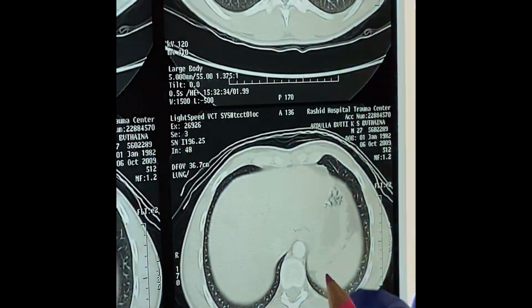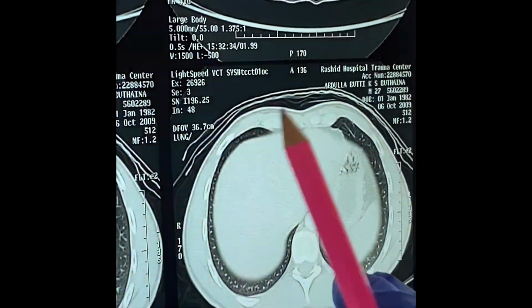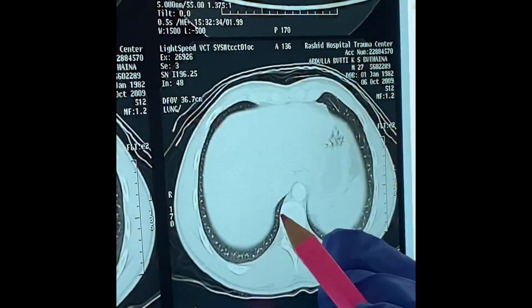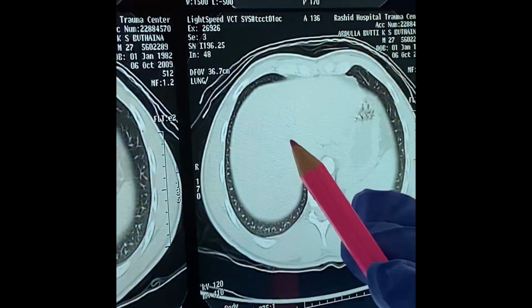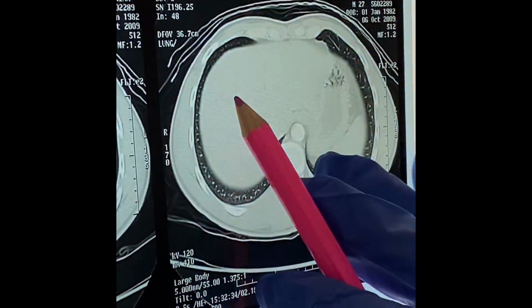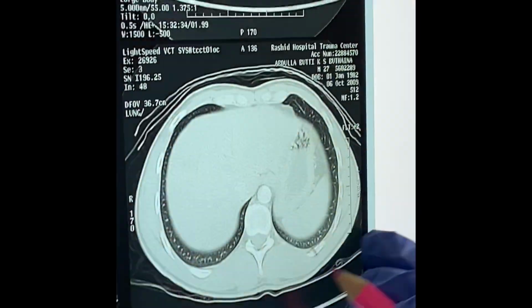As you know the rule of CT scan, the denser or harder the substance, the whiter it will appear. So bones will be appearing white, air-filled tissues as black, other tissues or organs will appear light gray to dark gray in color.